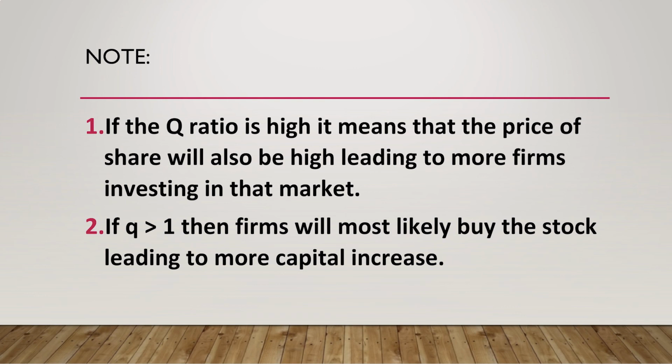Number two, if Q is greater than one, then firms will most likely buy the stock, leading to more capital increase. So it means that the market is growing. That is my understanding.